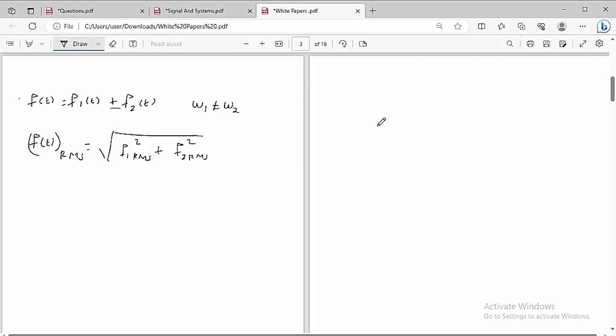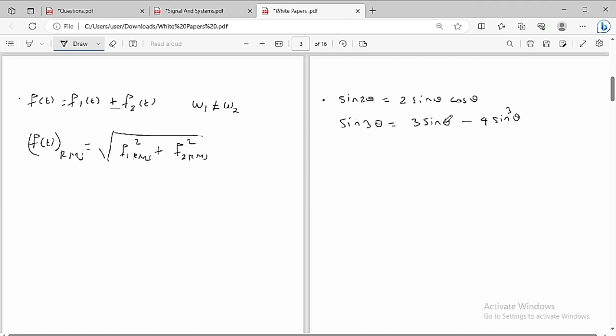Let me write these two formulas; definitely we will get one question on this concept. Sine 2 theta is equal to 2 sin theta into cos theta. Similarly, sine 3 theta is equal to 3 sin theta minus 4 sin cube theta. These two formulas you always have to keep in mind.